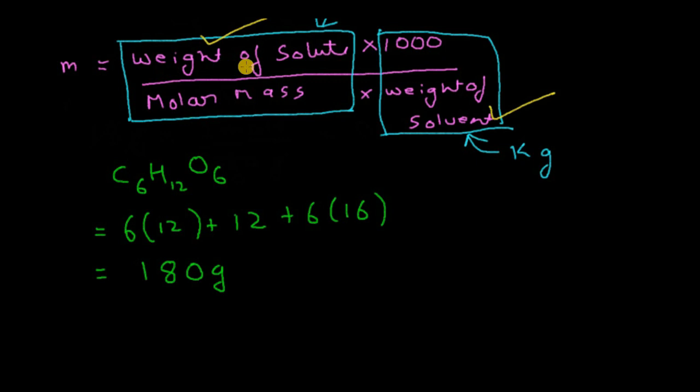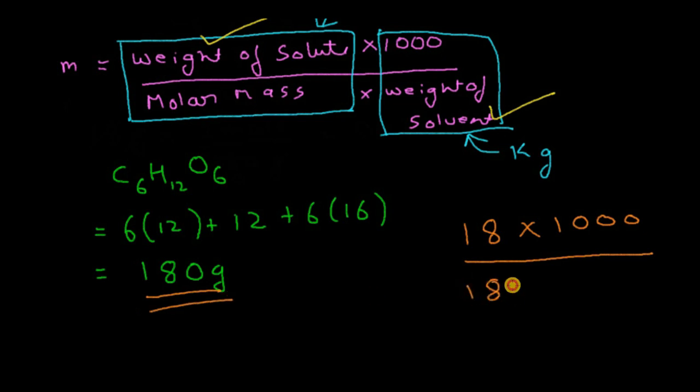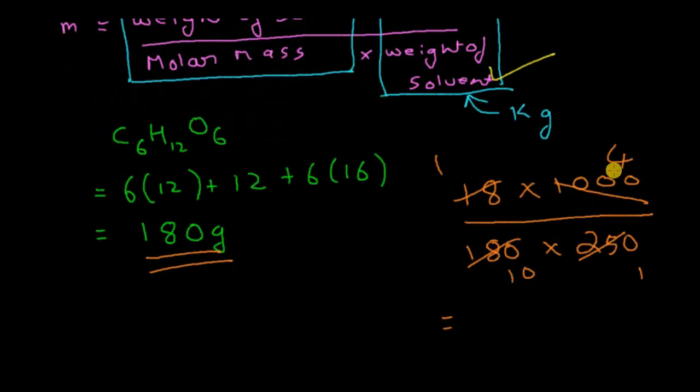So molality is equal to 18 into 1000 divided by molar mass, we just found the molar mass to be 180, into weight of solvent, that is 250. So 250 ones are 250, fours are 18 ones are 18, tens are. So the molality is 4 by 10, which is equal to 0.4 molal, small m.